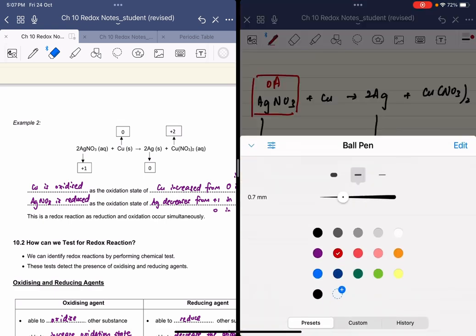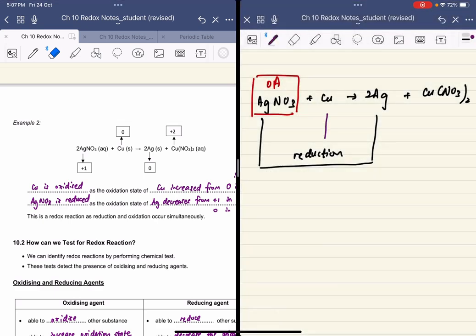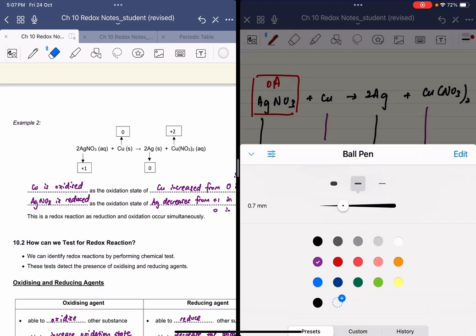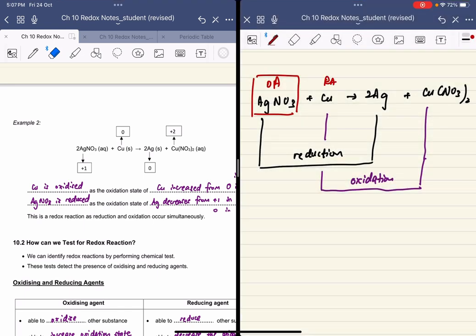But for copper, copper to copper here, this one is an oxidation. Then I can safely say my copper is a reducing agent because it reduces the silver nitrate. This one oxidizes the copper. It oxidizes the other party.